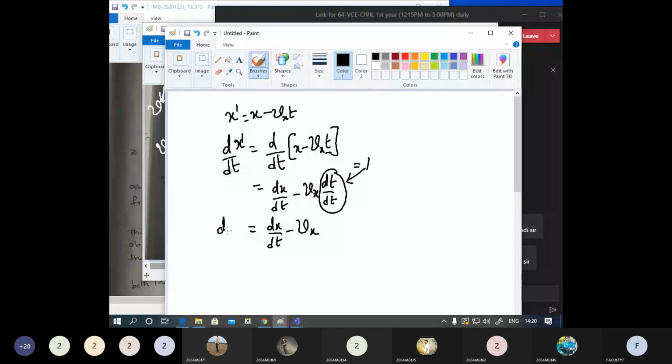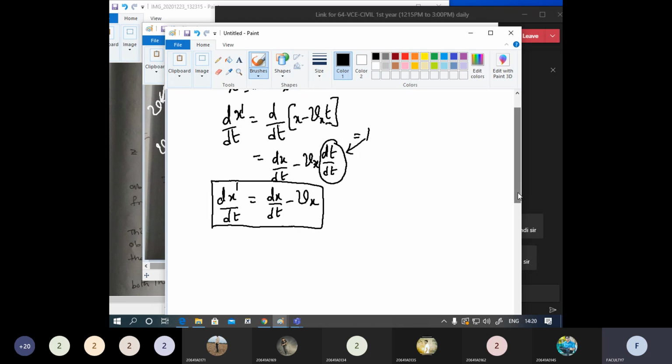Okay, this is the thing you are going to observe. Now we are going to rewrite the same equation in terms of u and v. This part of the equation, the left hand side, I am going to write as u prime, the velocity in the second frame along the x direction.